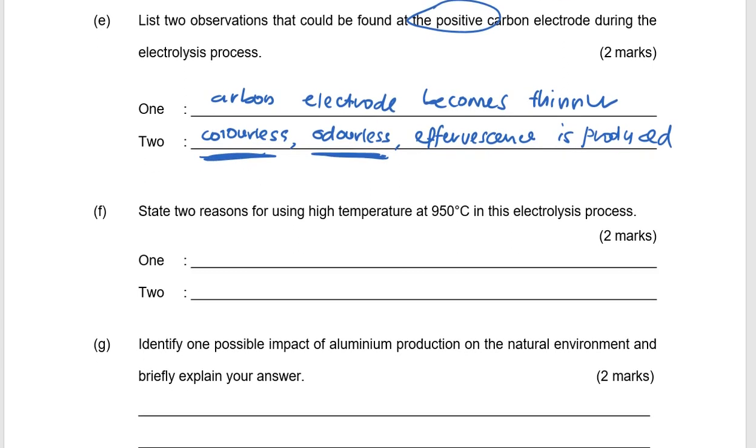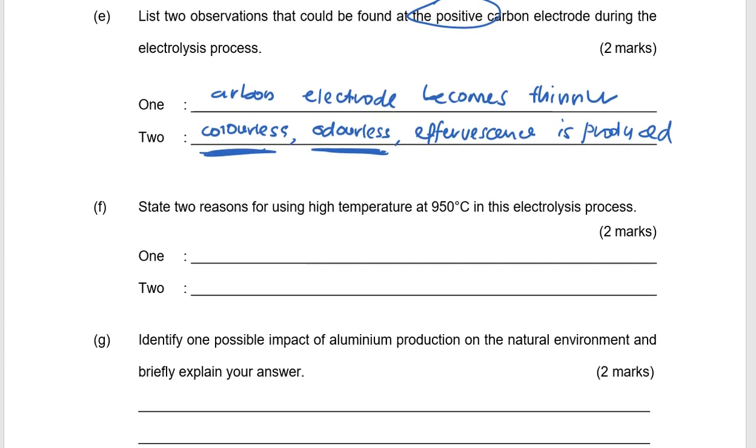Okay. Question F. State 2 reasons for using high temperature. Now, obviously, you have learned equilibrium, you have learned reaction rates. You know high temperature will definitely increase your reaction rate. So you can say 1, maintain high rate of reaction.